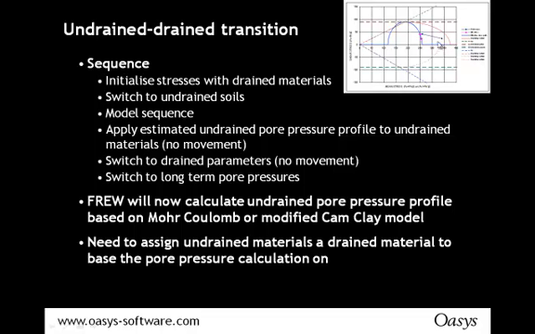You can see there's a blue line here, and in the blue line at the top we've got stress paths taken. Along the stress path we've got the effective stress and total stress taken, and so once you've got the final total stress and the final effective stress, the undrained pore pressure is the difference between both. So that gives you a basis of understanding as to how the undrained pore pressure is calculated within Fru.